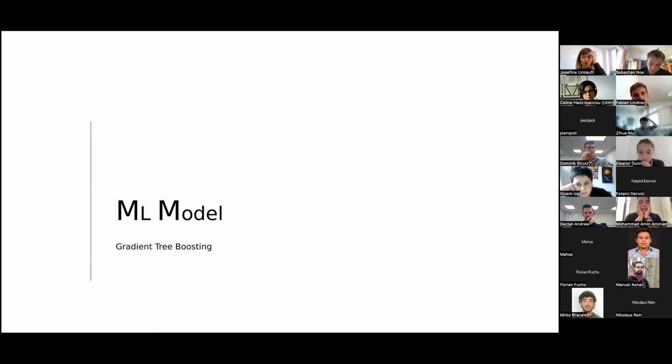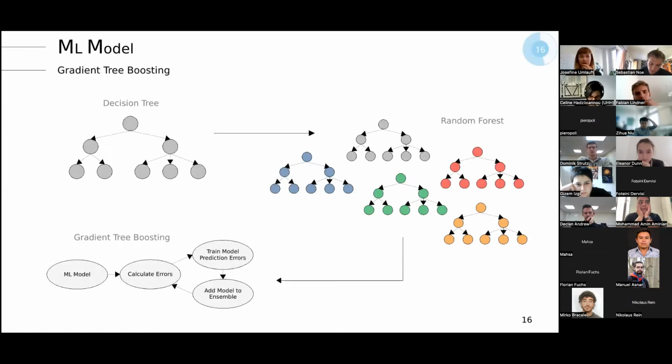Now let's look at the machine learning model that we actually used. So gradient tree boosting is based on decision trees and random forests. A decision tree is probably something you're all familiar with, and the random forest is just a forest of trees, so multiple trees combined, where the results of each tree are averaged.